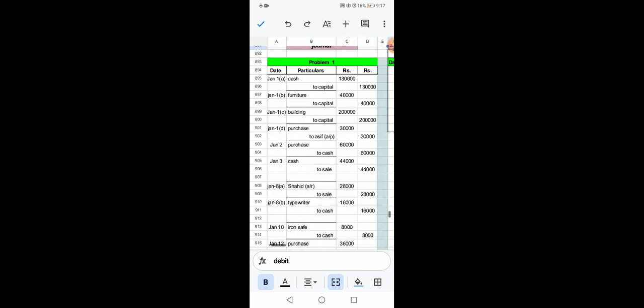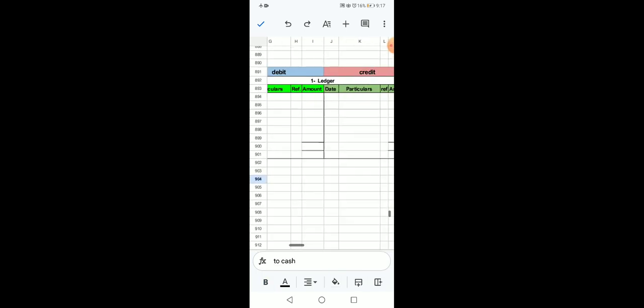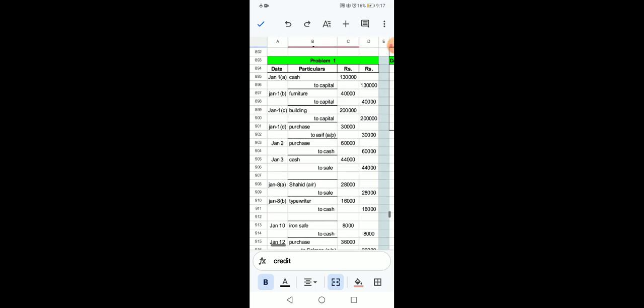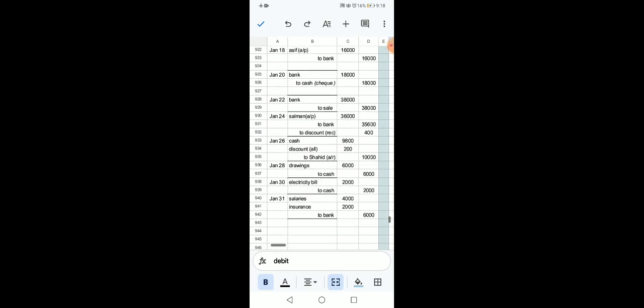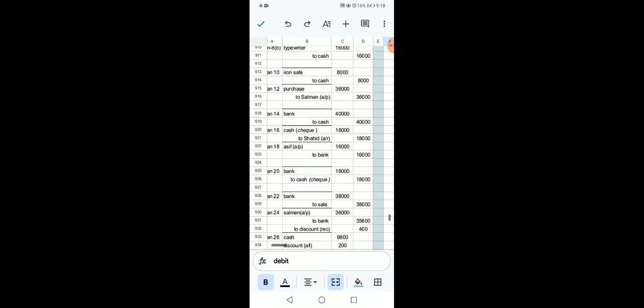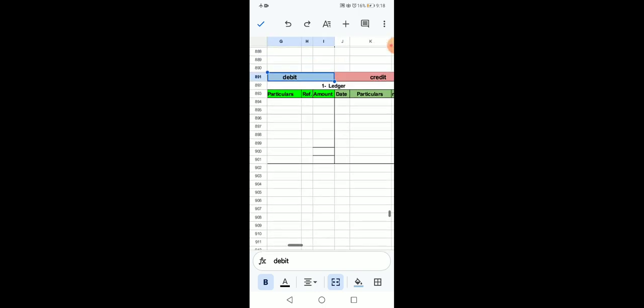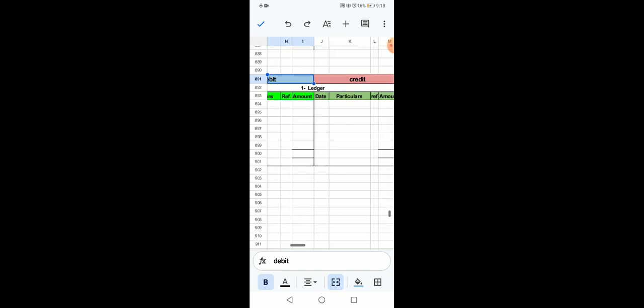If cash is present on the credit side, you will choose the credit side. If you are making the purchase ledger, you will see if purchase is present on the debit side, you will choose the debit side. And if purchase is present on the credit side, you were supposed to put purchase on the credit side.